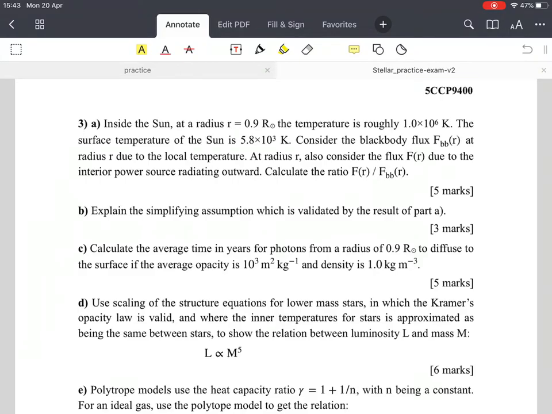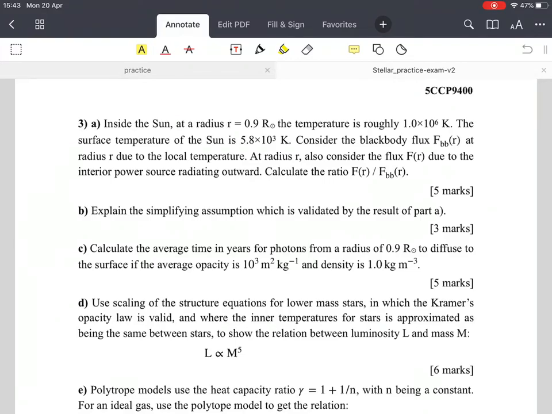So the question is, consider that at some location R, there is a black body flux. Now we have to think about what that means and compare this to the flux that's due to the internal power source F, and then calculate the ratio of these at that position R. So what would the black body flux be?